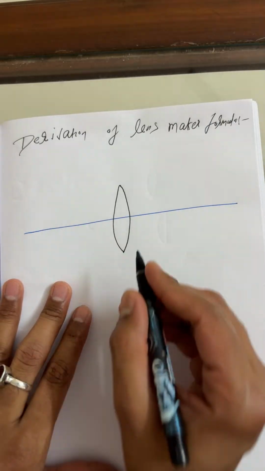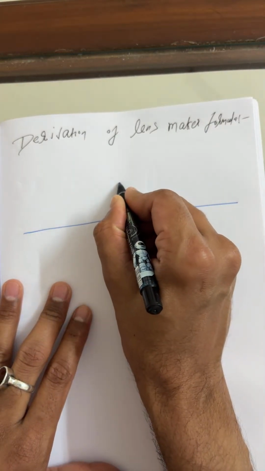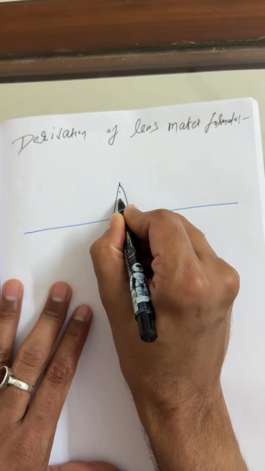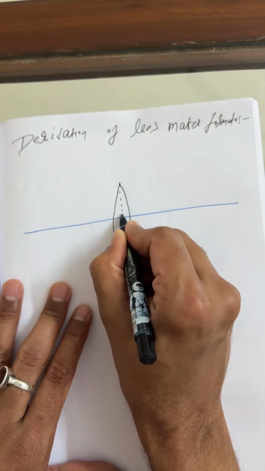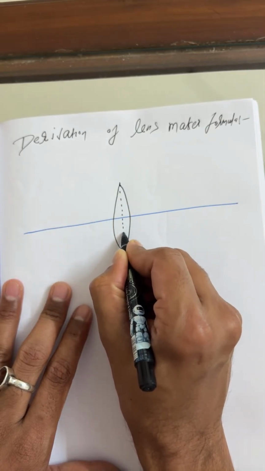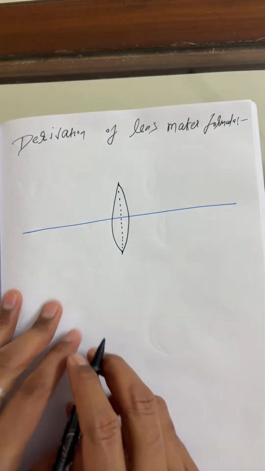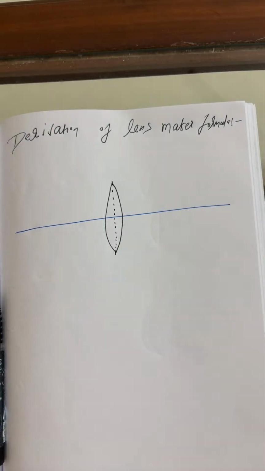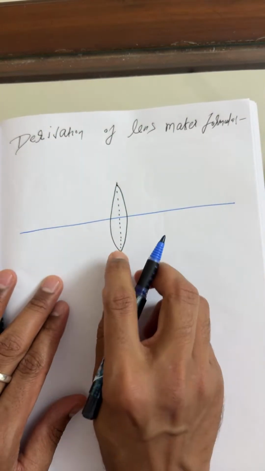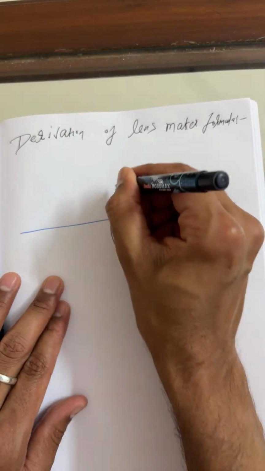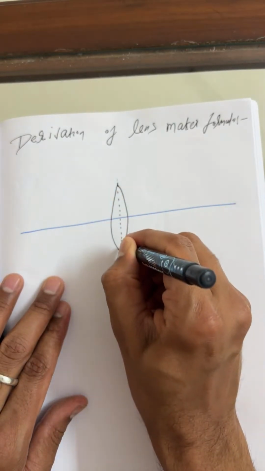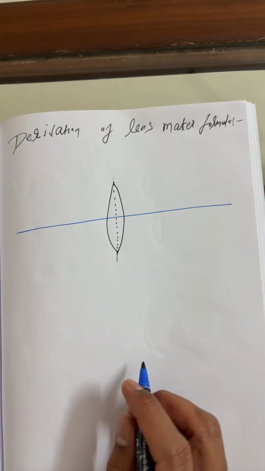But one thing I can tell you, students, here we always take the sign convention with respect to the pole of the mirror, the pole of the lens. So just keep in your mind, I'll take sign convention into consideration for this axis, right, students?